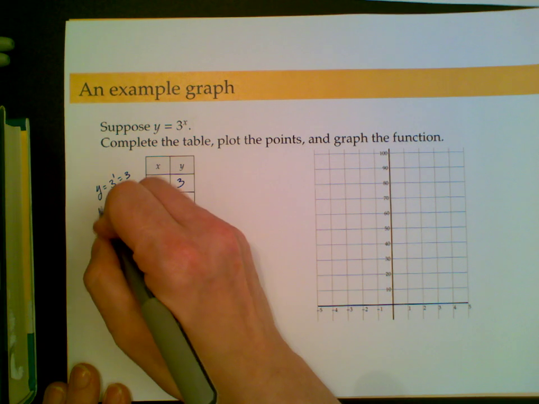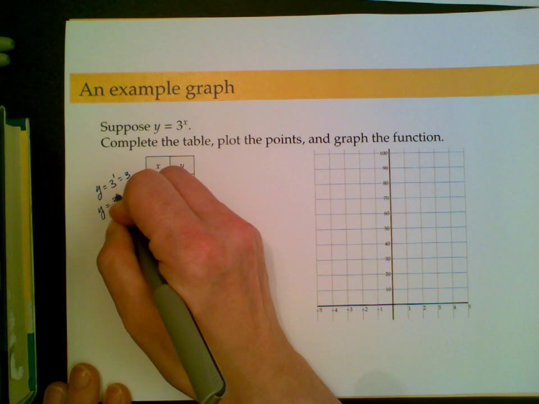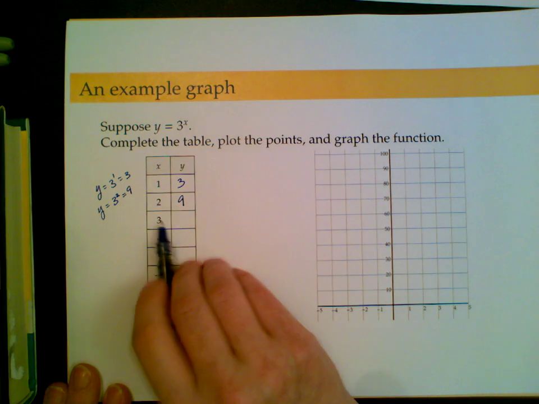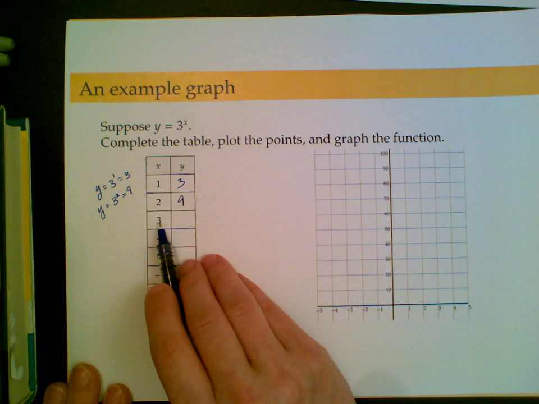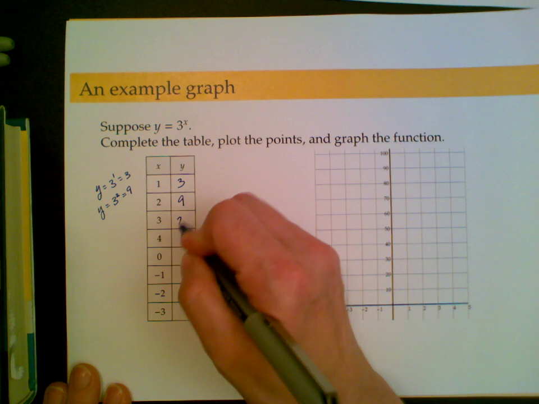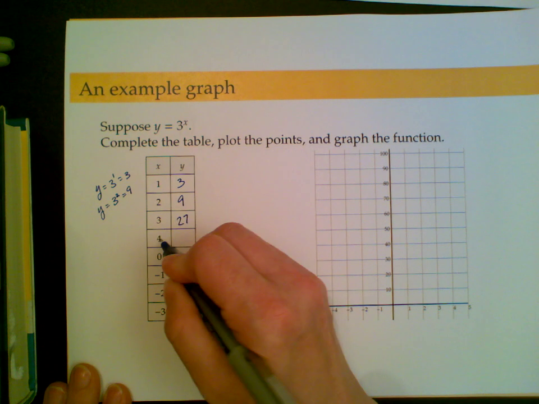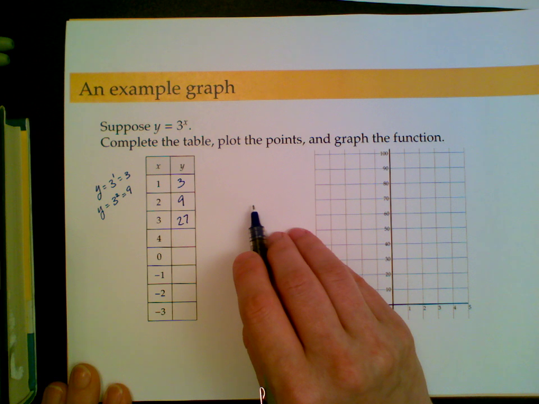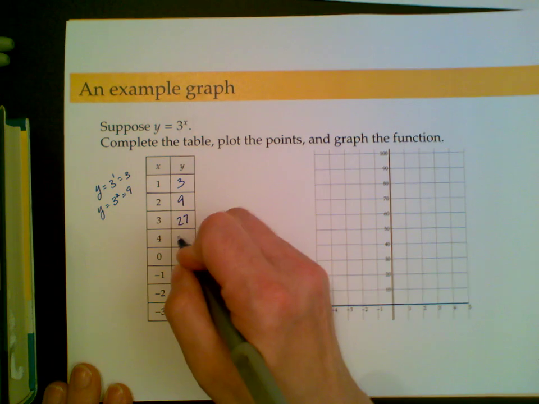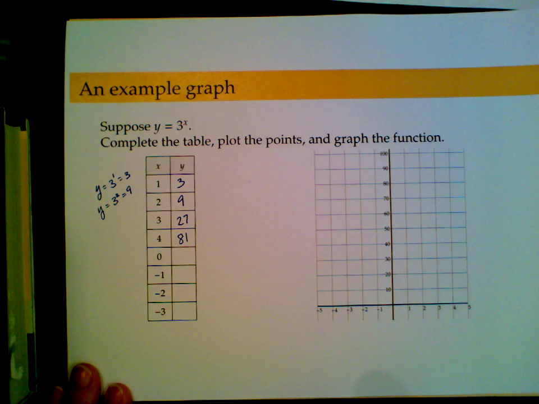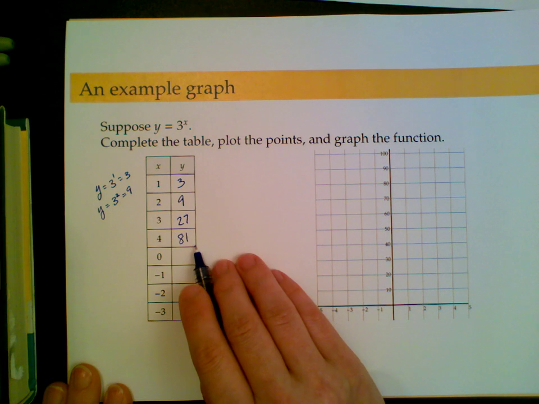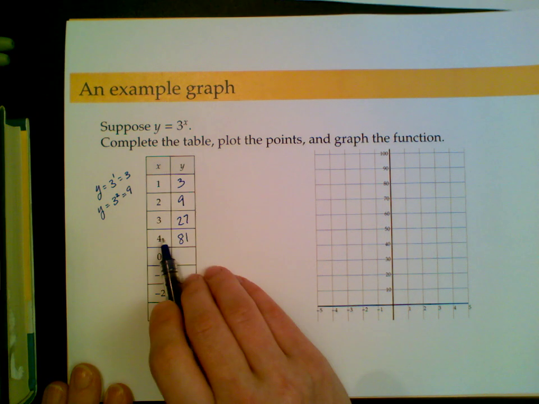Here, this will give me y equals 3 squared, which is 9. I'm not going to write down each of these, but 3 cubed is 27. 3 to the 4th is 3 times 3 is 9, times another 3 is 27, times another 3 is 81. And we're going to get increasingly big numbers if we keep going in that direction.